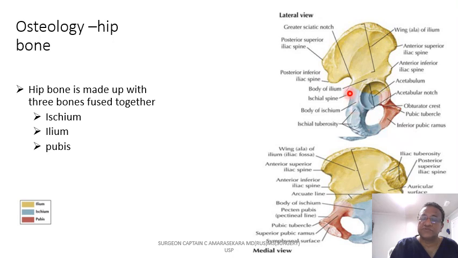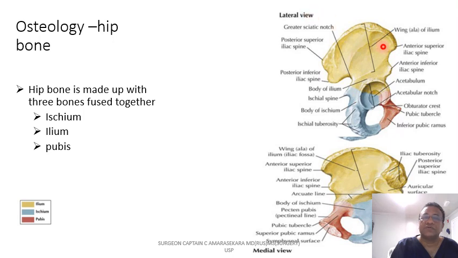The ischium forms the bony base on which we sit. Finally, the pubic bone, colored in red, is in the anterior-inferior segment, contributing to the pubic symphysis and forming the pelvic ring.